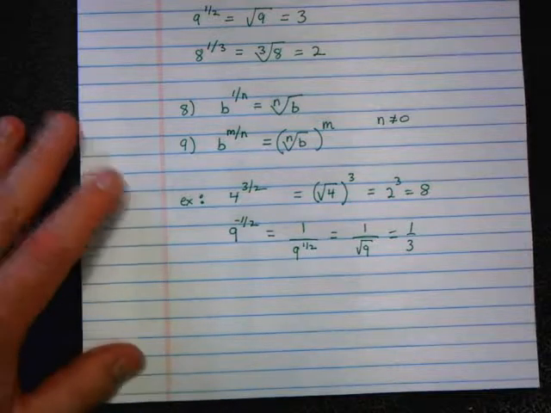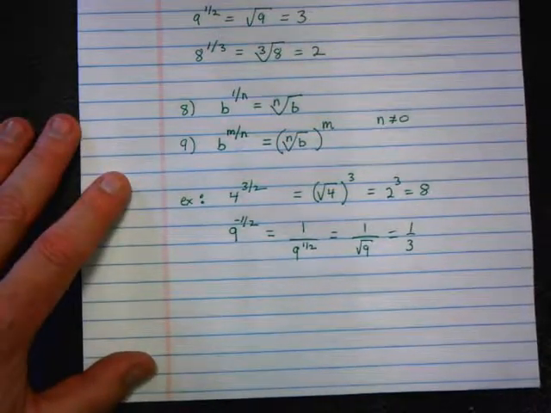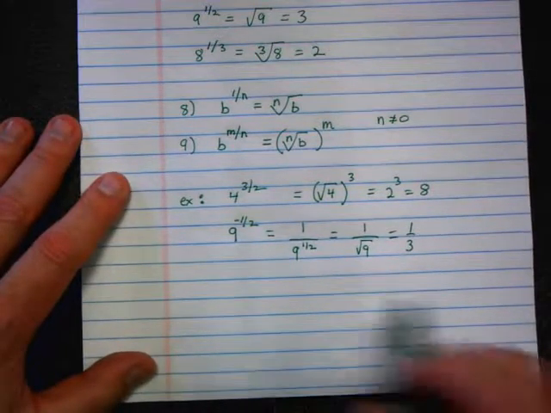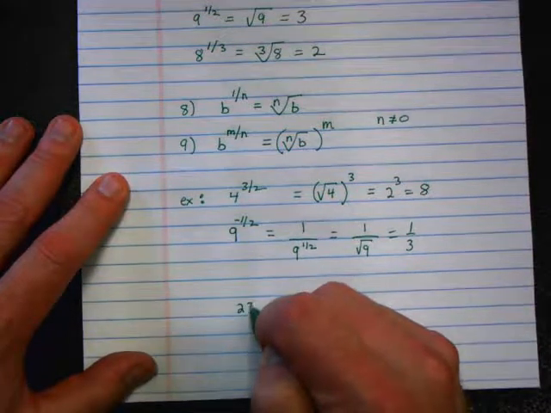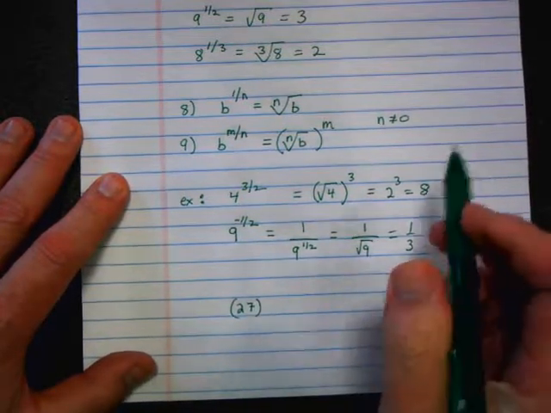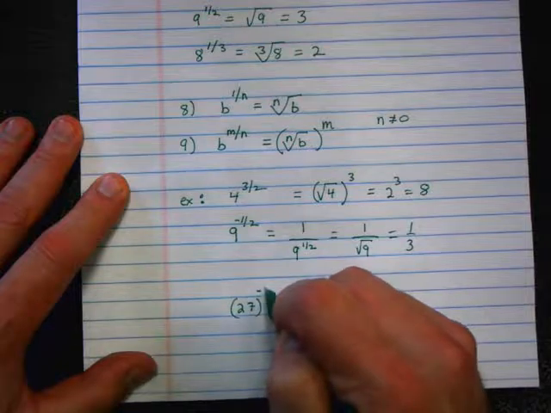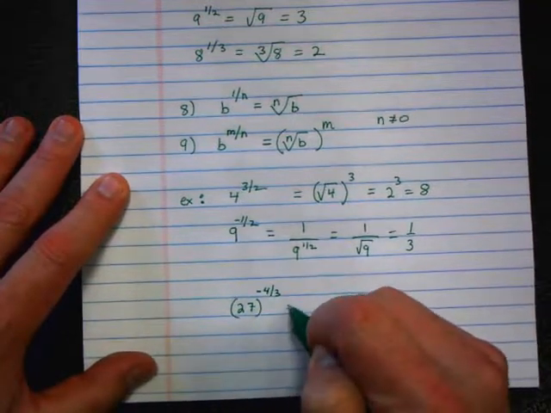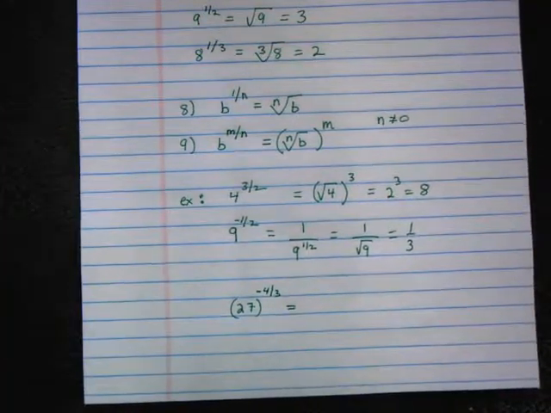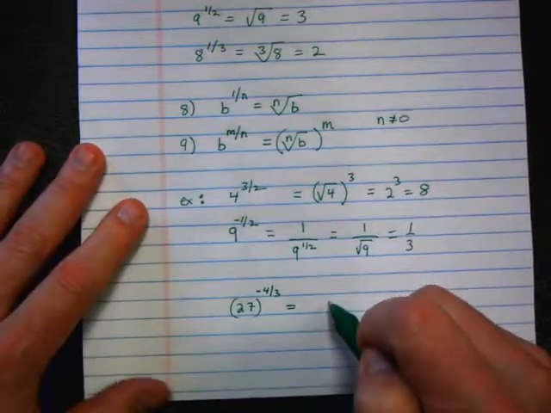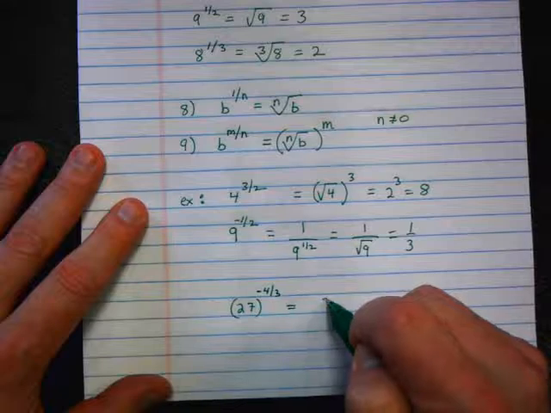All right, how about 27 to the negative 4/3? All right, so the 3 on the bottom tells you that's a cube root.